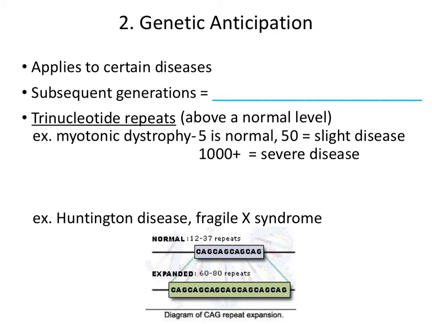So subsequent generations have an earlier onset of disease with increased severity. So that means if grandpa had it, it started later in life and it wasn't as bad as the grandson who got it earlier and it was a more severe phenotype.